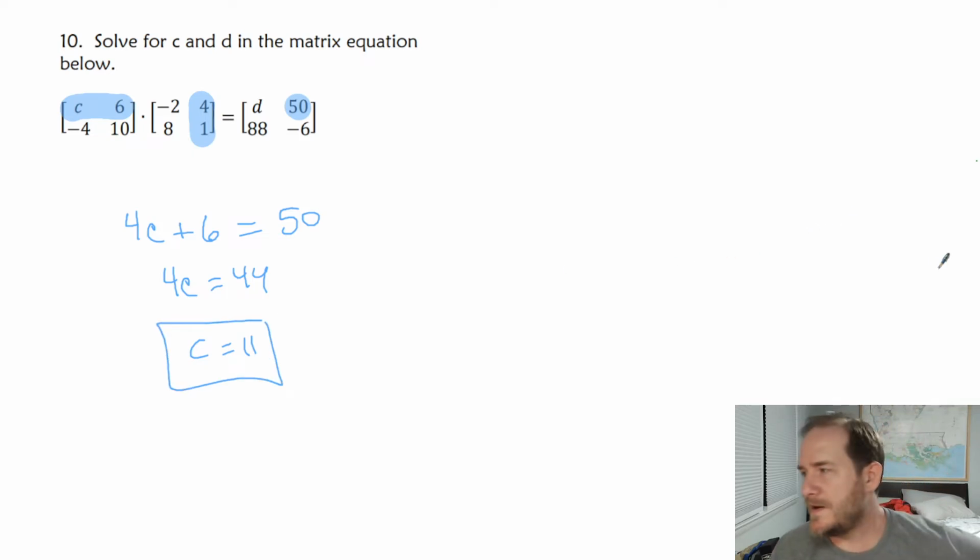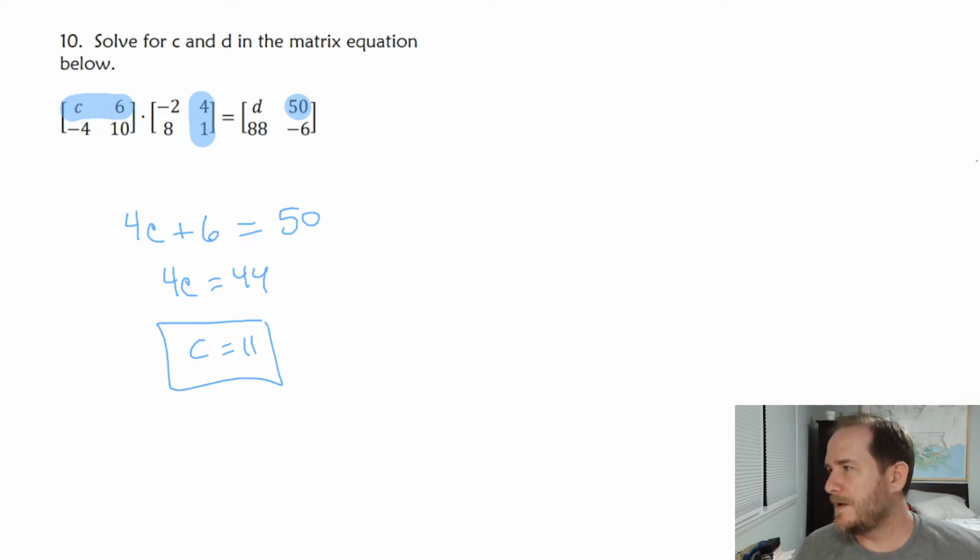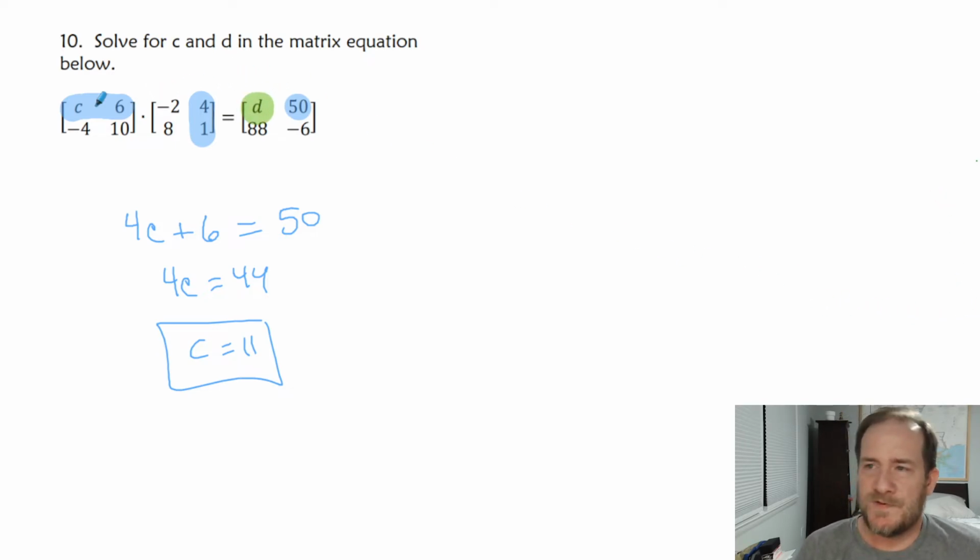Zoinks. All right, then you would solve for D in the same kind of way. Is there any tricky way to get after D? I don't think so. I think to find D, you now actually have to use row 1, column 1, but C is not a variable to us anymore. We now know that C is worth 11.